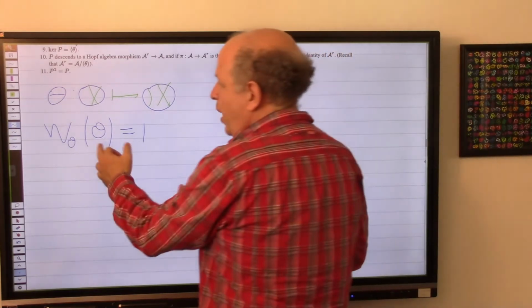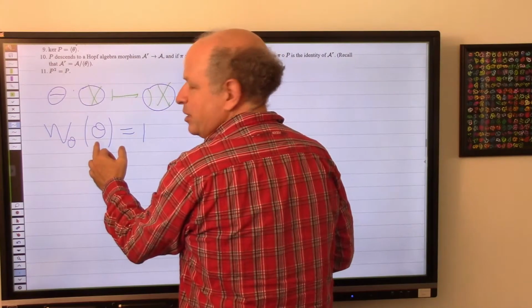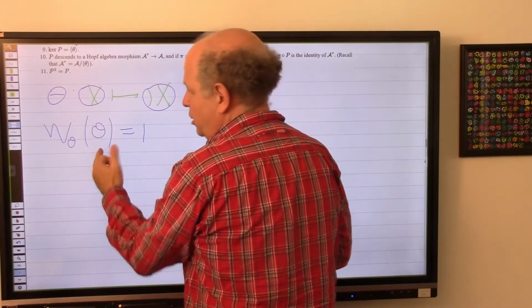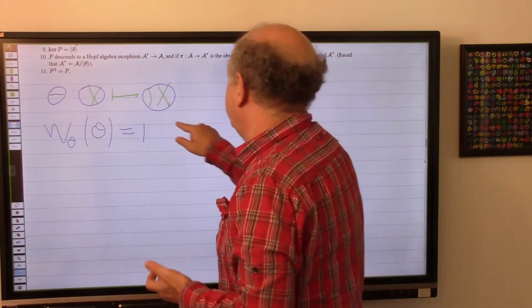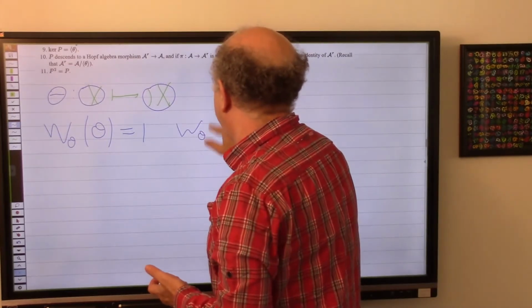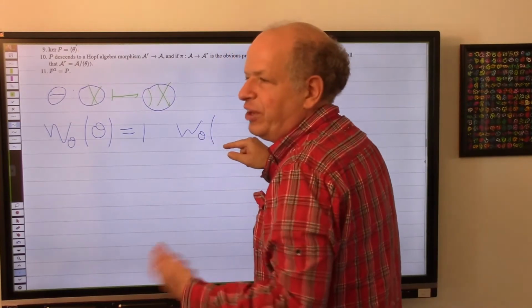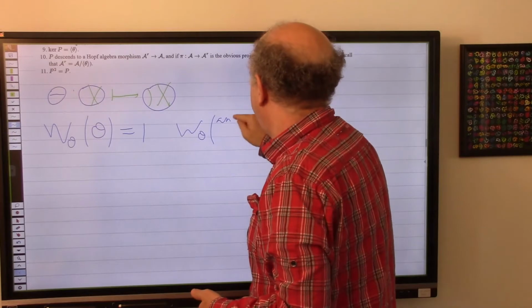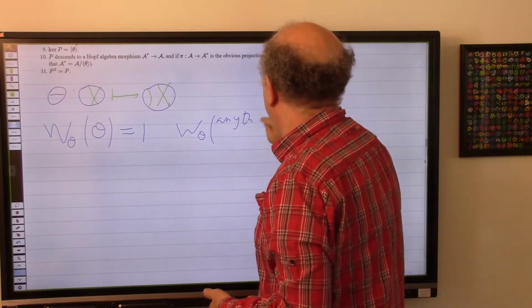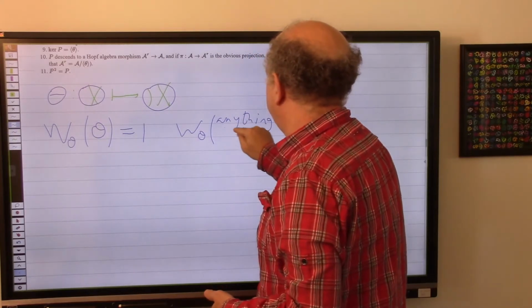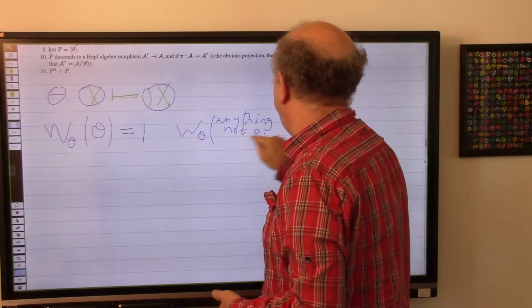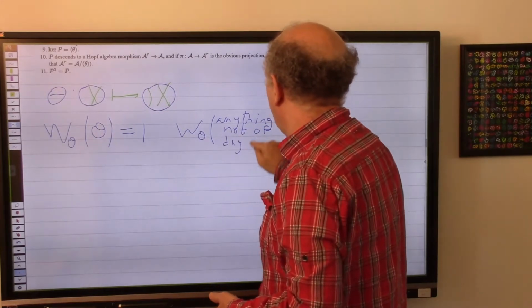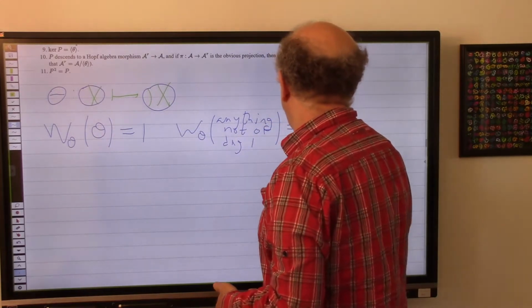In degree 1 there is only one element, so really that's the only condition. What remains is to say that w theta of anything of any other degree, so anything not of degree 1, should be 0.